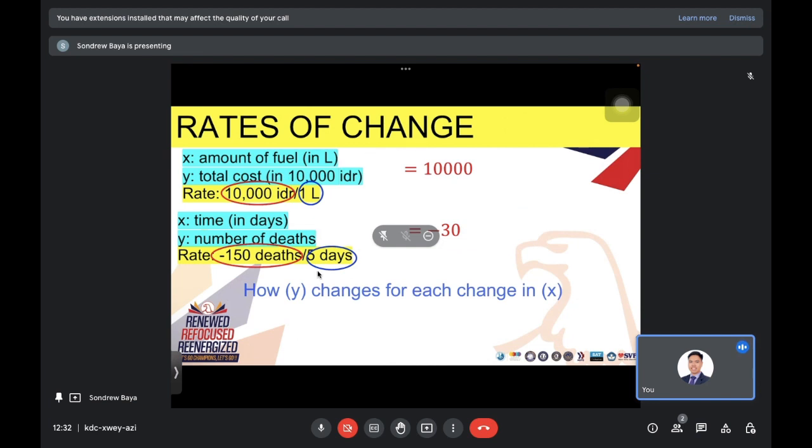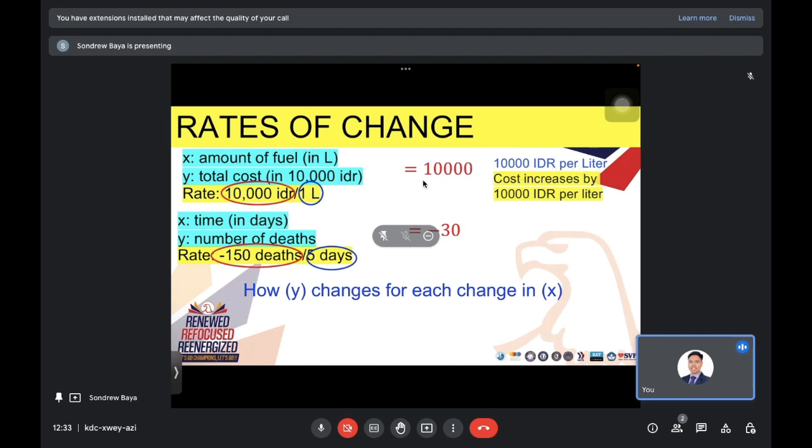So if you try to look at it, here the rate of change actually answers the question how y changes for each change in x. So how does your y change for each change in x? The moment you get the rate of change, this rate of change can be interpreted as 1,000 Indonesian rupiah per liter.